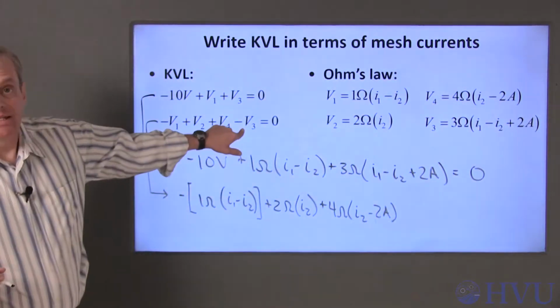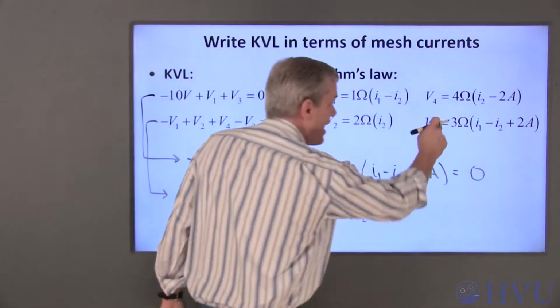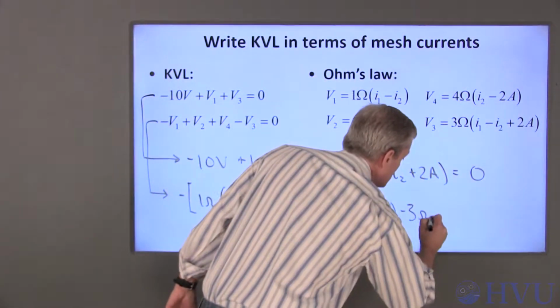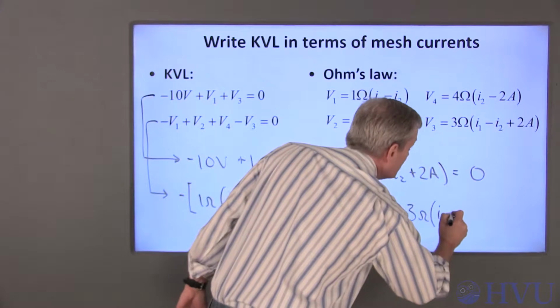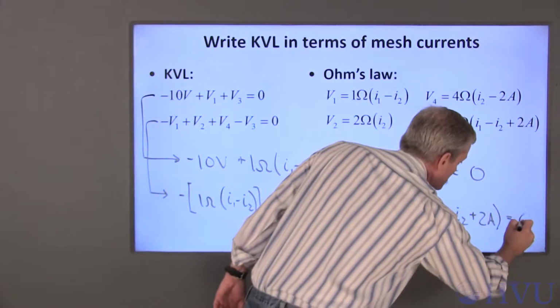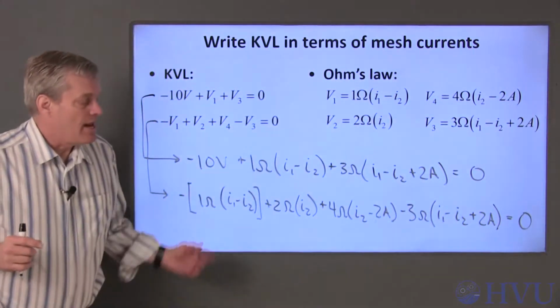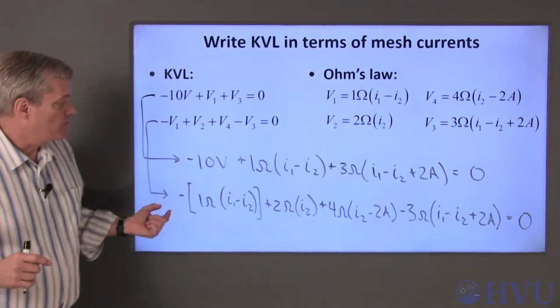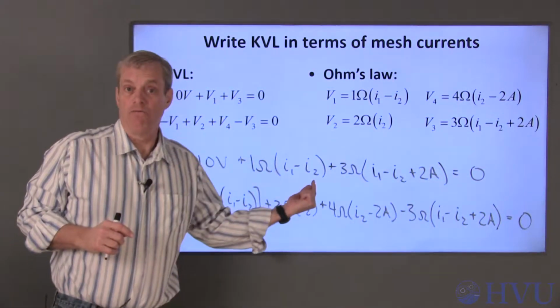And finally, minus V3. So I subtract 3 ohms times I1 minus I2 plus 2 amps. That sums to 0. Now we have 2 equations and 2 unknowns. We can solve those for the mesh currents I1 and I2.